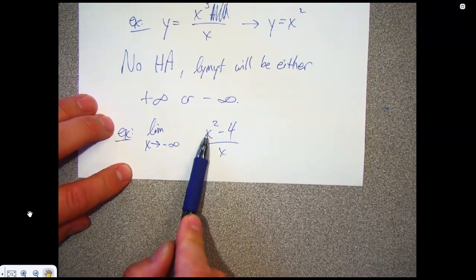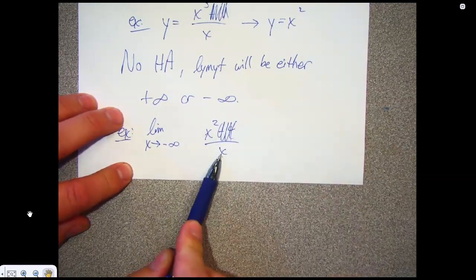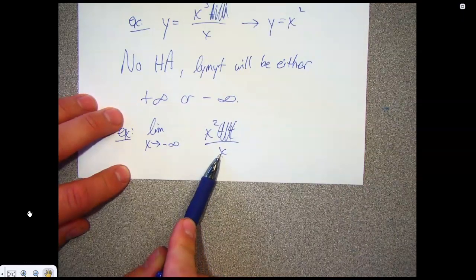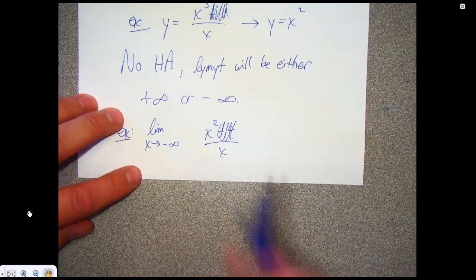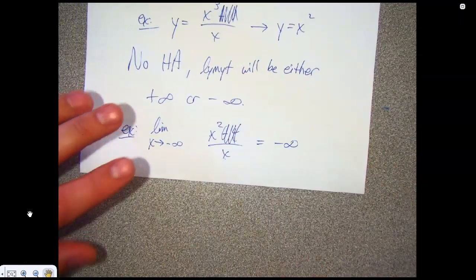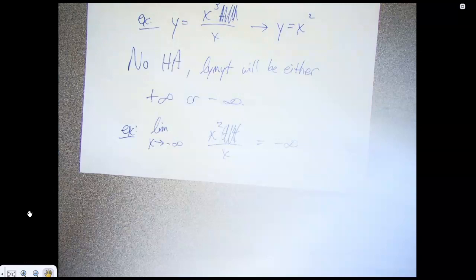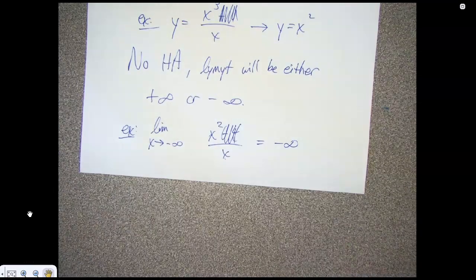It turns positive, and subtracting 4 is not going to make a bit of difference. On the bottom, when I plug in a gigantic negative number, what's the sign? Negative. So don't I have a positive divided by a negative? So my answer is going to be negative. So sometimes you have to think through the positive negativeness of it all. Questions there?